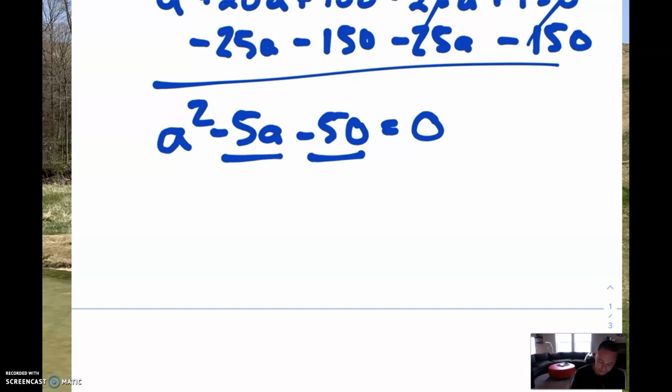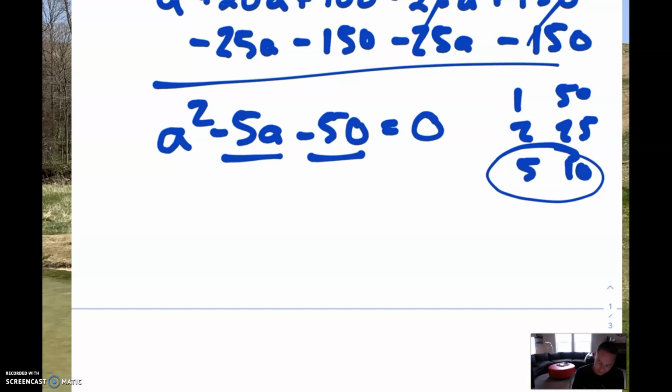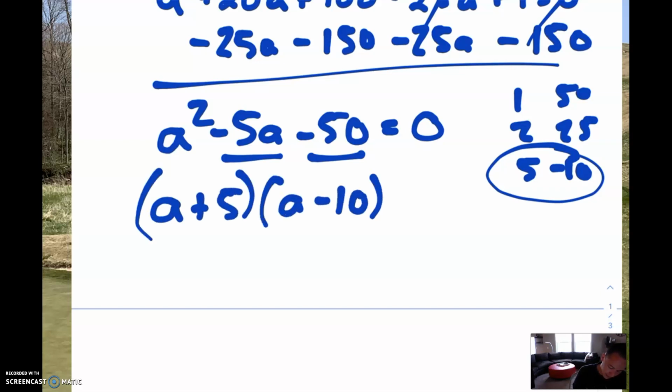So here's the factors of 50. 1 and 50, 2 and 25, 5 and 10. This is the one that can make a negative 5, and to do that, just throw the negative on the 10. So you get a plus 5 times a minus 10 is equal to 0.